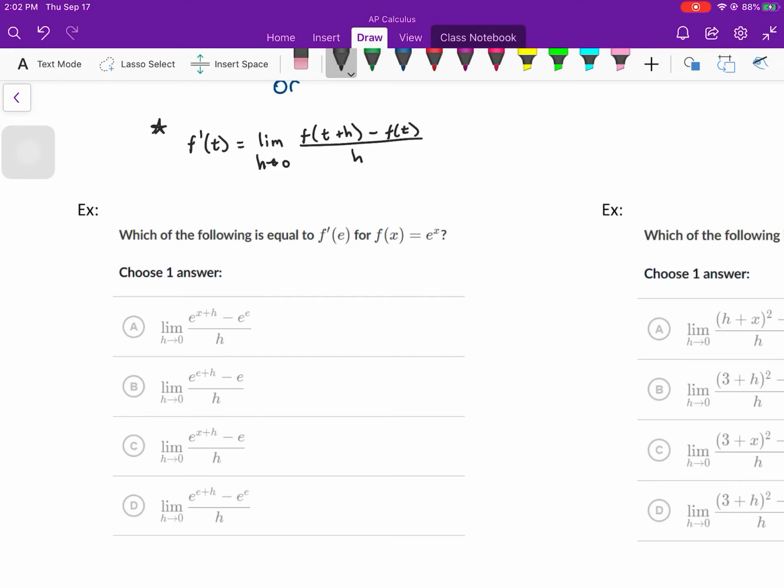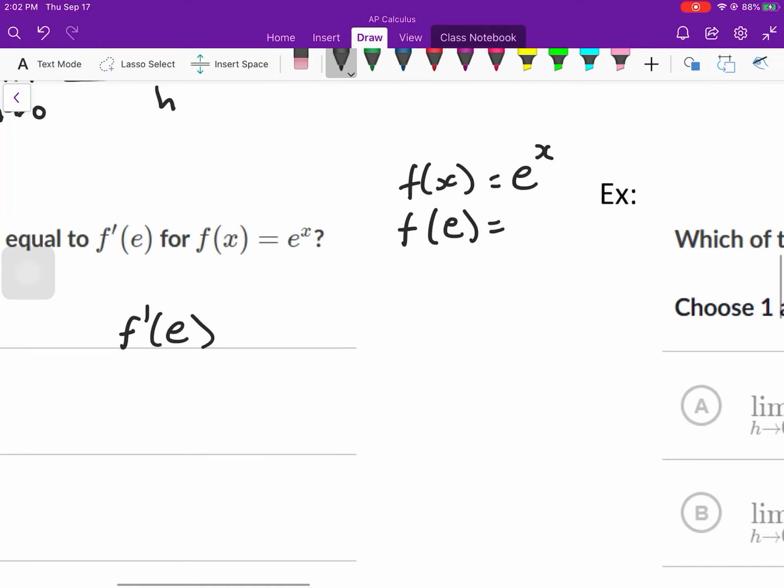So we're going to evaluate f prime of e using, if you can see, the one with the h on the bottom. So it's just going to substitute an e in for the t. So f of t, or f of e in this case, f of e would be, well, if f of x was e to the x, and sometimes the most complicated part is just this part right here, honestly.